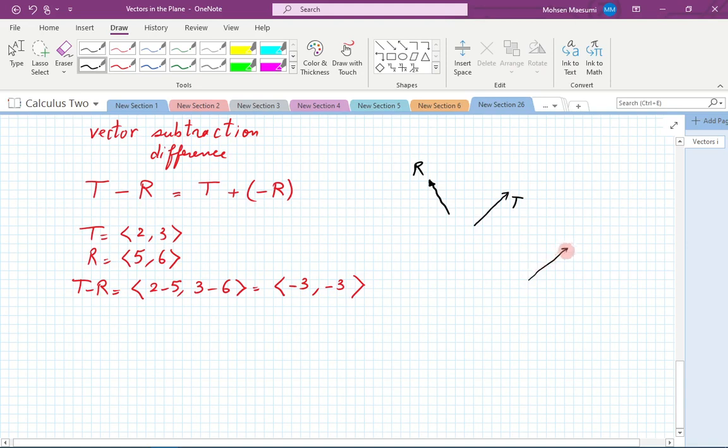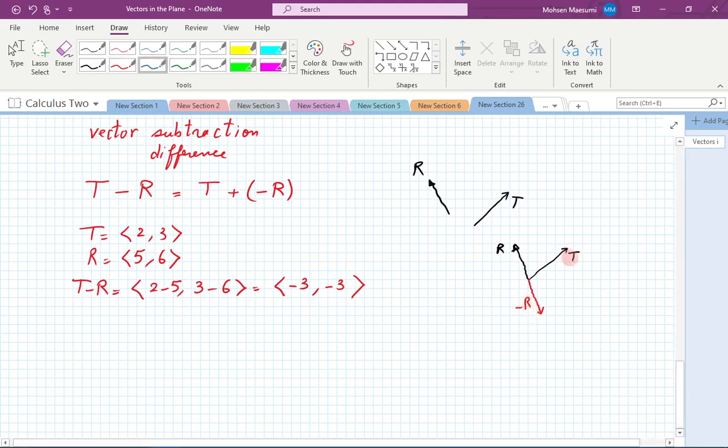So suppose this is a copy of my t, this is another copy of my r. Think about it as t minus r, as t plus minus r. I can take my r and flip it by going in the opposite direction. So this becomes minus r.